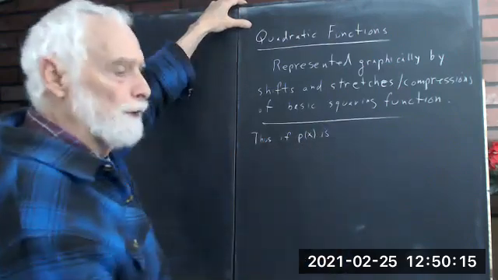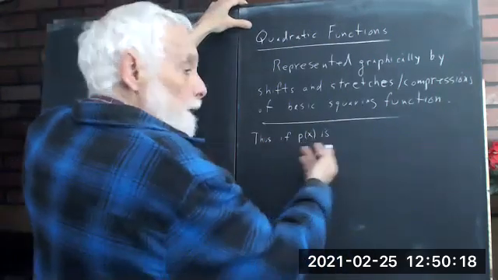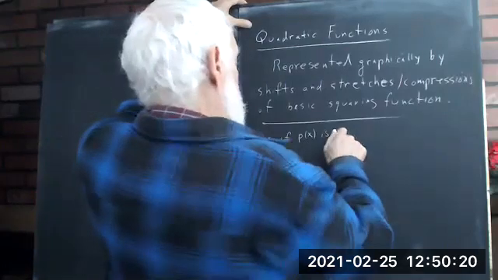Now, quadratic functions are polynomials, so I'll use P of X to stand for a quadratic function.